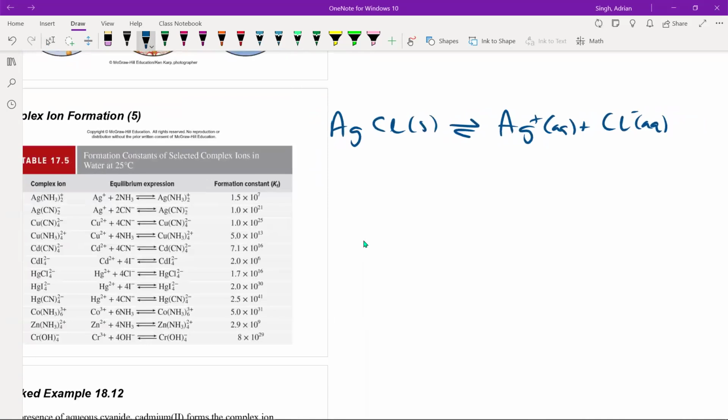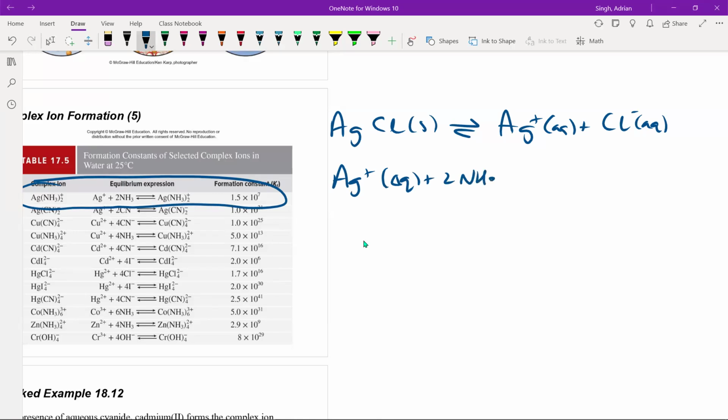Because on our table we have an equation that shows the formation of the complex ion that has silver and ammonia, we can write the equilibrium expression for that as well: Ag+ (aq) plus 2NH3 (aq) to form Ag(NH3)2+ (aq).